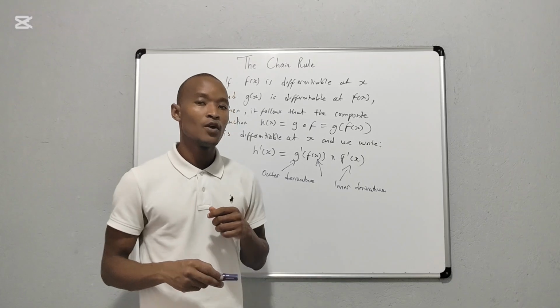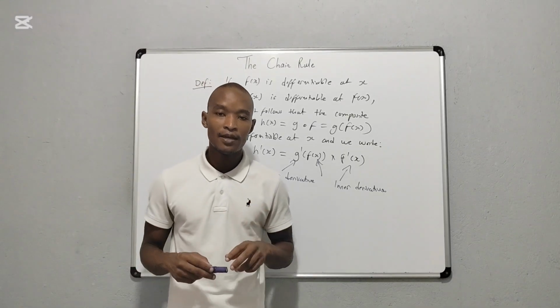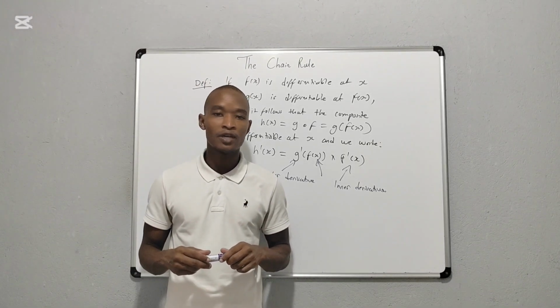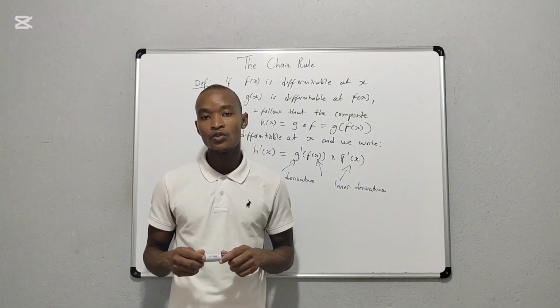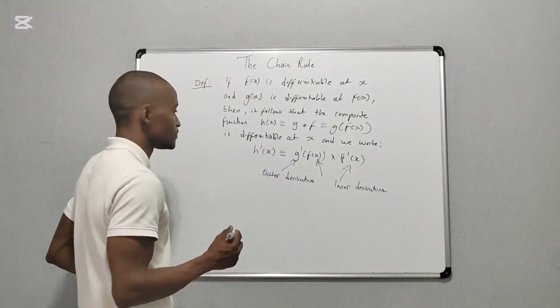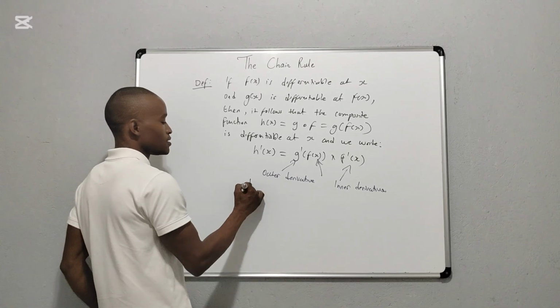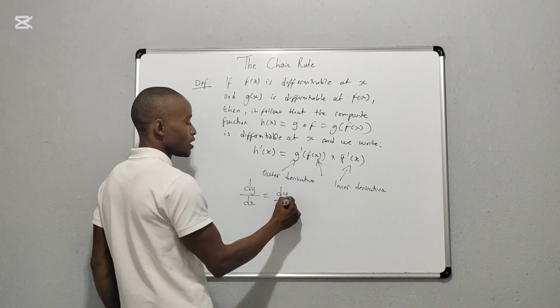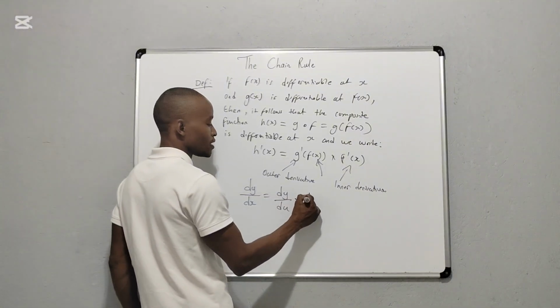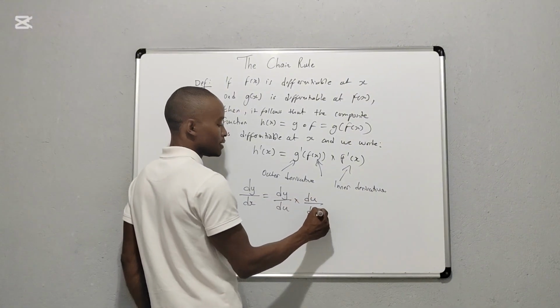We also have what is called the Leibniz notation, which is sometimes referred to as the u substitution. It's also a simplified way to write out the derivative. So for instance, if you want dy over dx, this can be dy over du times du over dx.